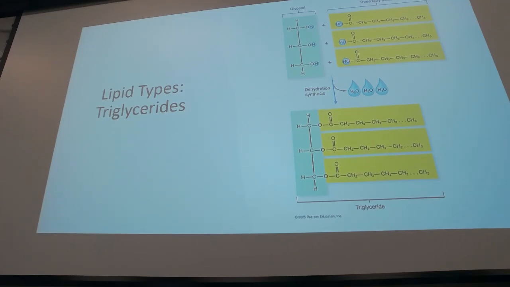So when you remove these hydroxyl groups from these fatty acids, and this hydrogen from this glycerol, you release water because you form water. You form three molecules of water. This is a dehydration synthesis, removal of water, dehydration. So you form a triglyceride made out of glycerol and three fatty acids.